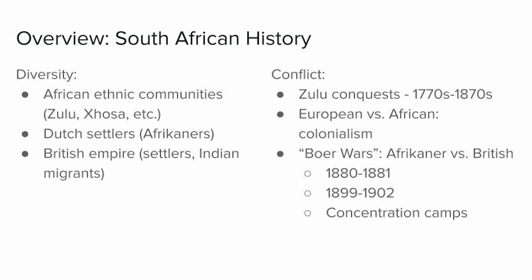During these conflicts, the British imprisoned both Black Africans and Afrikaners, including women and children, in concentration camps. So this was not simply a military conflict. This was a targeting of entire populations of people for removal from particular territory, and resulted in tens of thousands of civilian deaths.